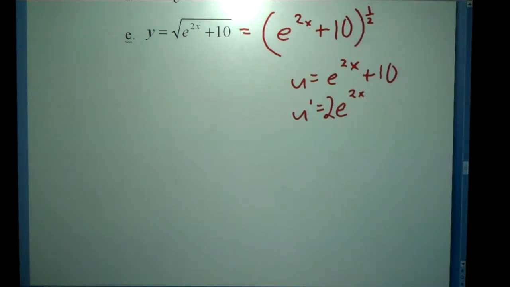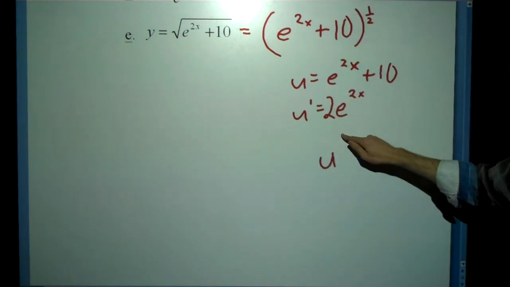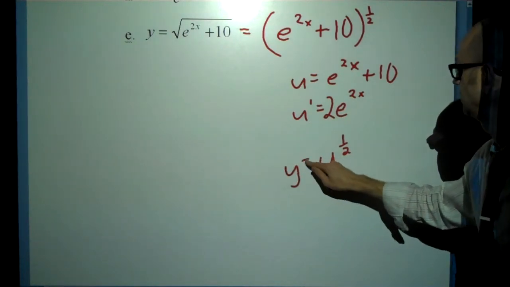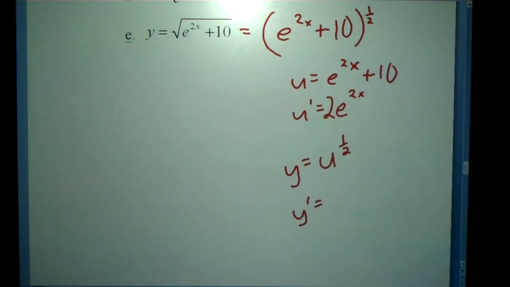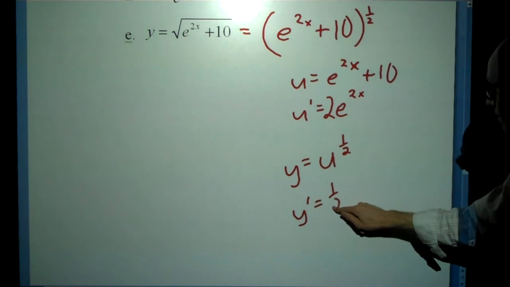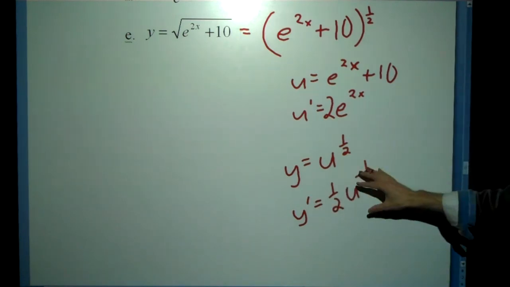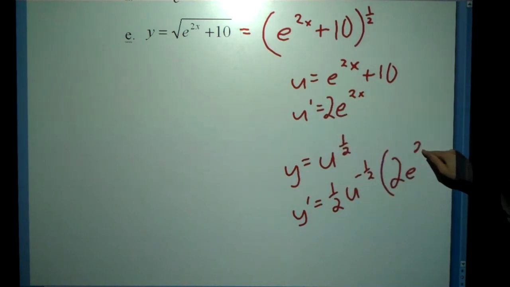Alright, then the big picture is taking all of that stuff, all of u, to the 1/2 power. If I want to find the derivative of that, so again, y was equal to that. So then the derivative of this is going to be equal to 1/2 u to the negative 1/2 power times the derivative of u, which was 2e to the 2x.